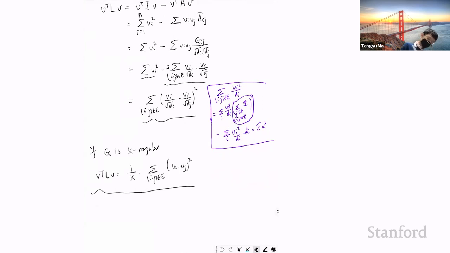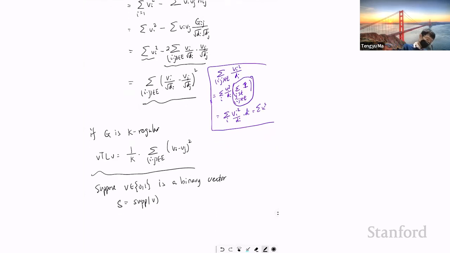So suppose V is a binary vector, and you take S to be the support of V, the indices where the entry of V is 1.